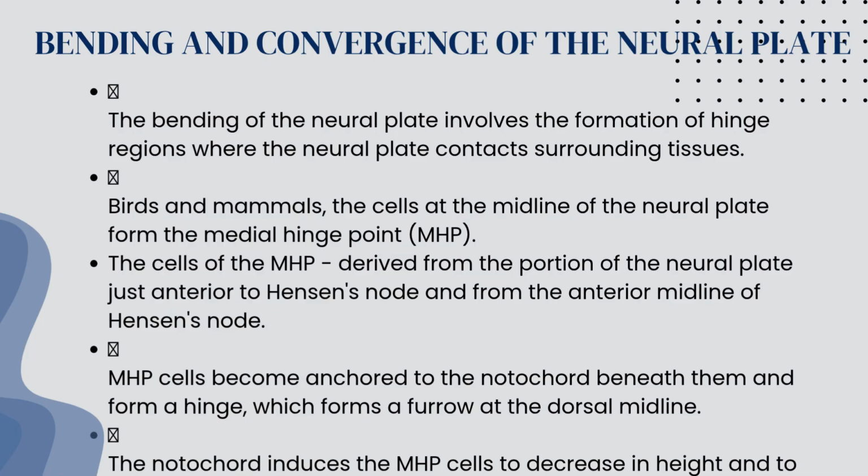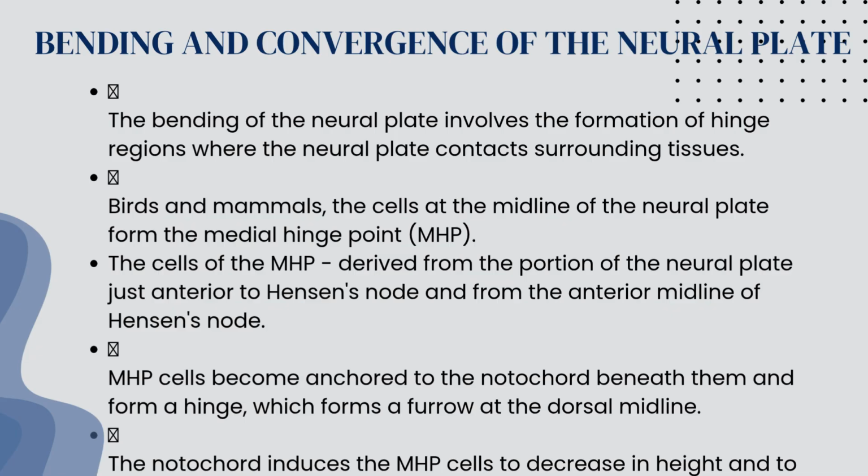Especially in birds and mammals, the cells at the middle of the neural plate form the median hinge point. The cells for this median hinge point are derived from the portion of the neural plate just anterior to Hensen's node and from the anterior midline of Hensen's node. These cells become anchored to the notochord beneath and then form a hinge, which forms a furrow at the dorsal midline.